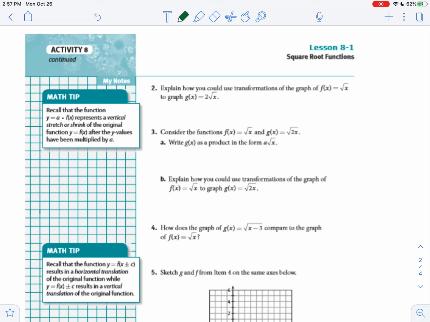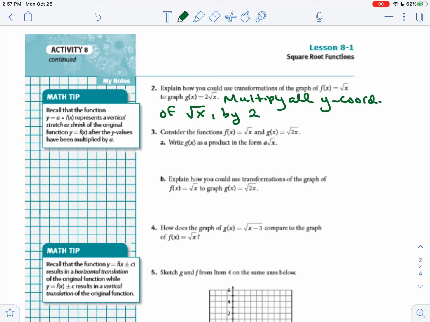Explain how you could use transformations of the parent function to graph 2 times the square root of x. Well, we could do what we did before, and multiply all the y coordinates of square root of x by 2.